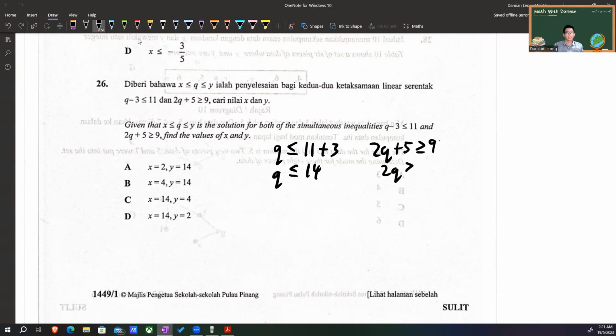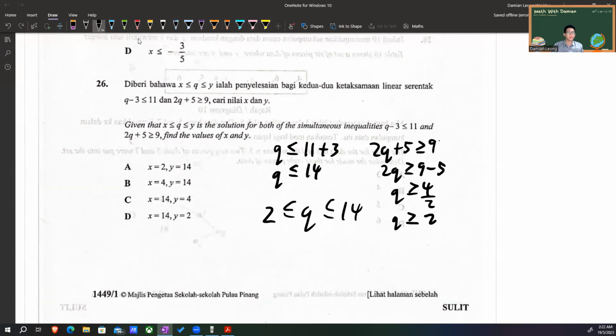Bring over 5, plus opposite minus, which is 4. Get rid of 2, times opposite divide. q more or equals 2. So basically it is between 2 and 14. So answer is 2 and 14. x is 2, y is 14. Because it's q more or equals x, so the x should be the 2.